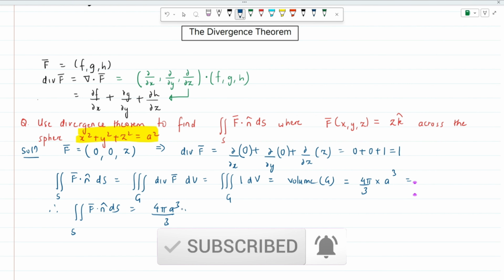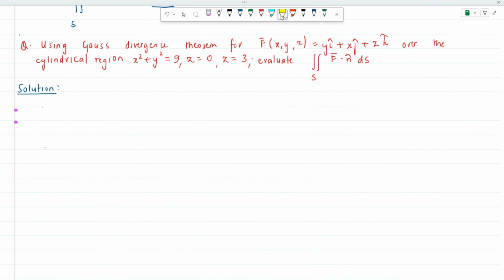Let's try and pick up another problem. Here we have the next problem. It says: using the Gauss divergence theorem for F bar given as y i hat plus x j hat plus z k hat over the cylindrical region x square plus y square equal to 9 from z equal to 0 up to z equal to 3, evaluate the surface integral of F. First of all, in this problem we are given that F of x, y, z equals y, x, z.